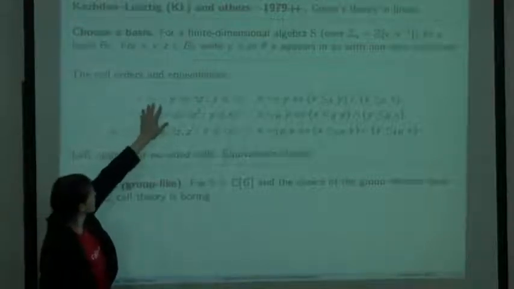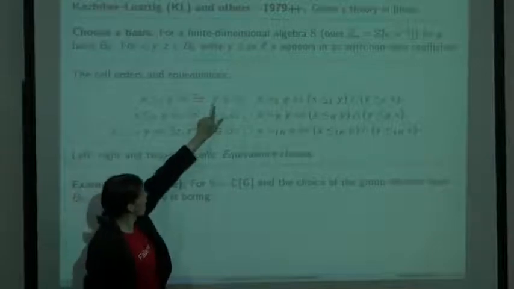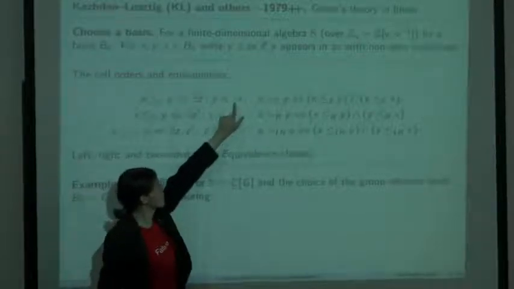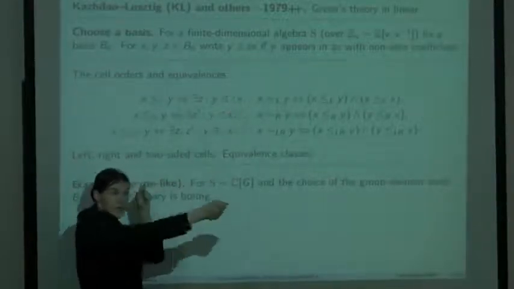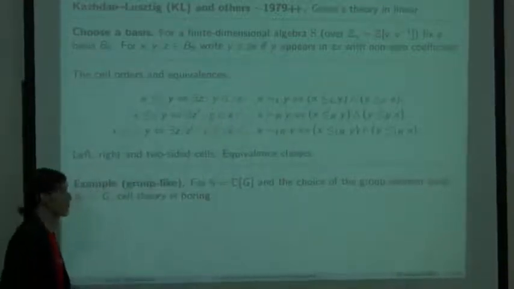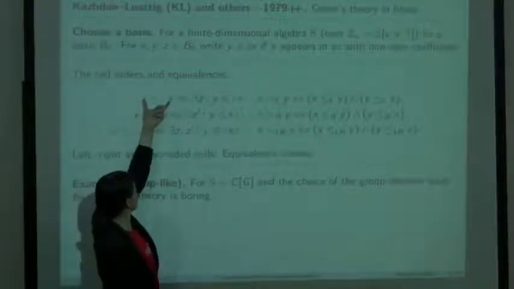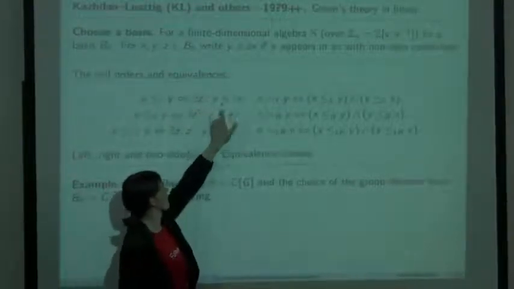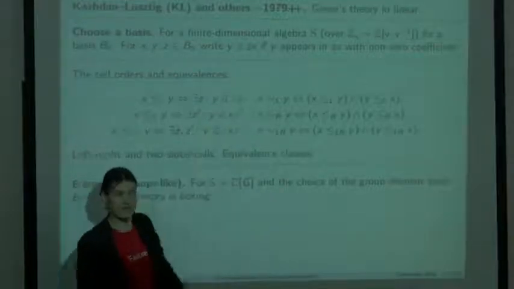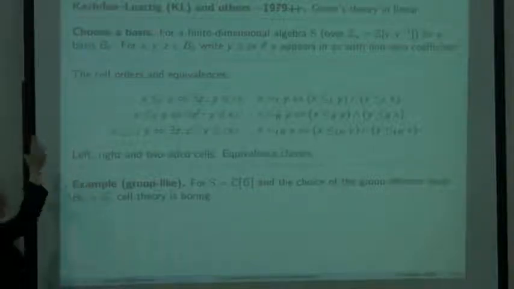You just say x is left lower than y if there exists a z such that y appears in an expression. You can write it in terms of your basis, and y appears with non-trivial coefficient. Categorically speaking, you have two indecomposable objects, you tensor them together, and you look whether y appears as a direct summand of the tensor product. But you just play the same game, left cells, right cells, two-sided cells.